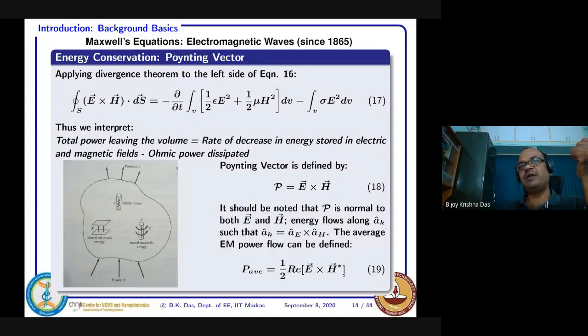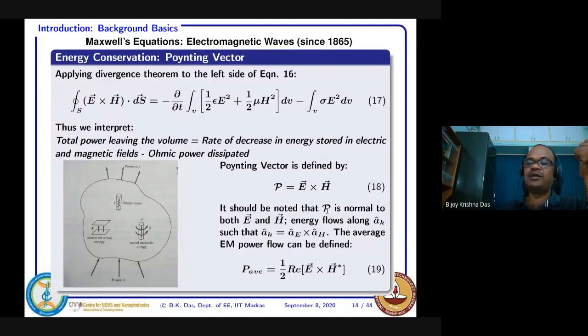Mathematically, you can prove it. If you use the exponential term and take the real part of E cross H, that is not the average value. You have to take a half factor.